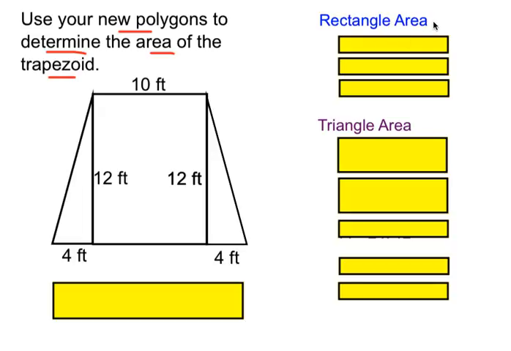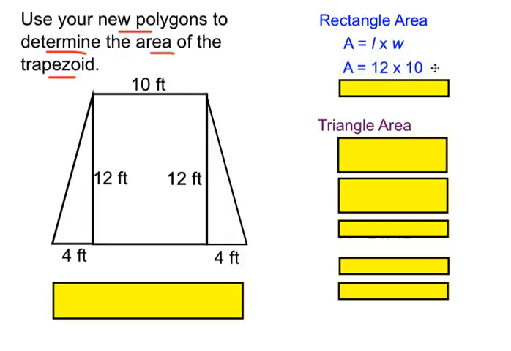To figure out the area of the rectangle, we start with the formula for the area of a rectangle. 12 is our length, 10 is our width, and we plug those into our formula and do 12 times 10 to get 120 square feet. So the rectangle has an area of 120 square feet.